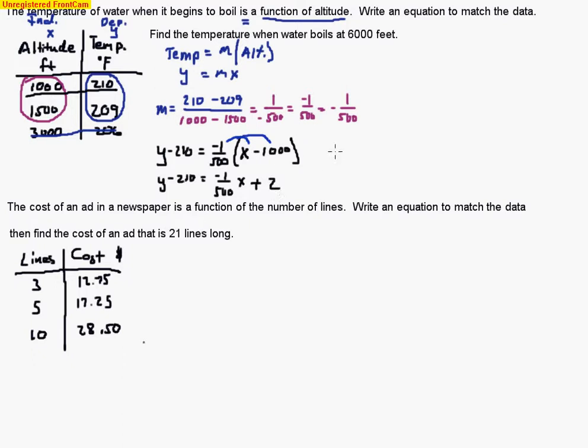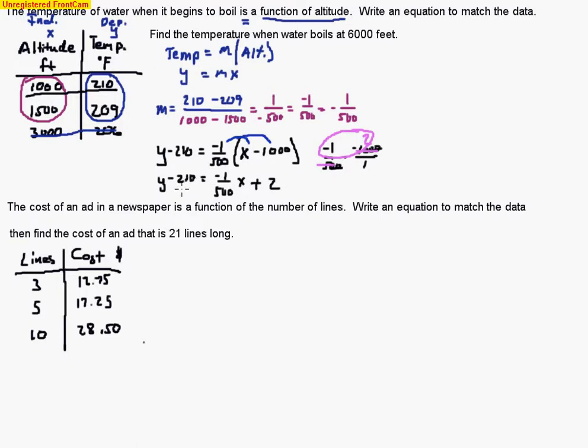Let's see how I got that. Negative 1 over 500 times negative 1,000 over 1. If you see a number, you can always write it over 1. There's some cross-canceling that occurs here. These two zeros get canceled out, and then 5 goes into 10 just 2 times. The two negatives make a positive, and that's why we have positive 2.